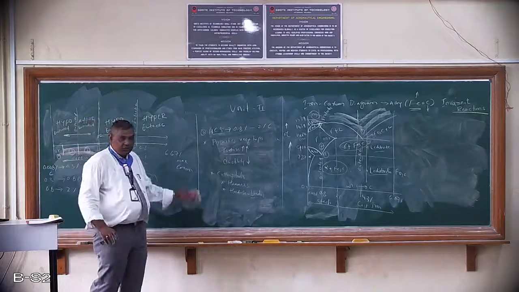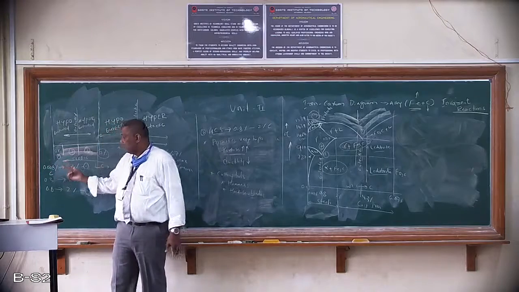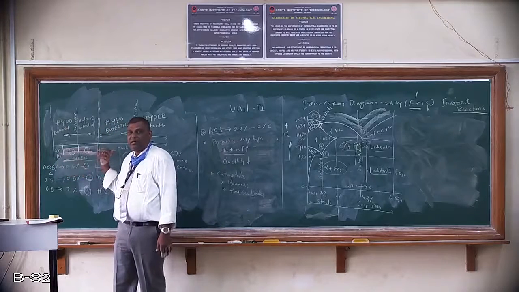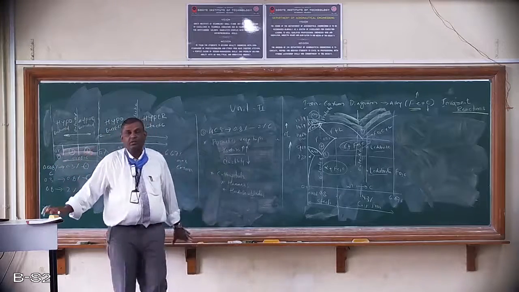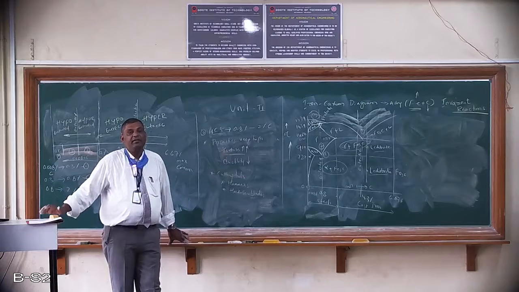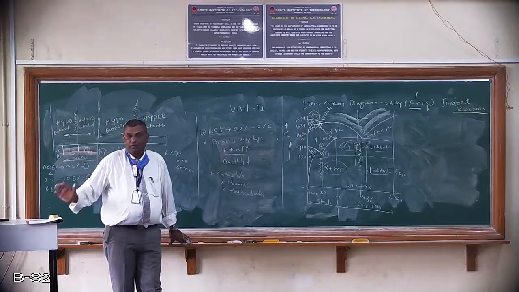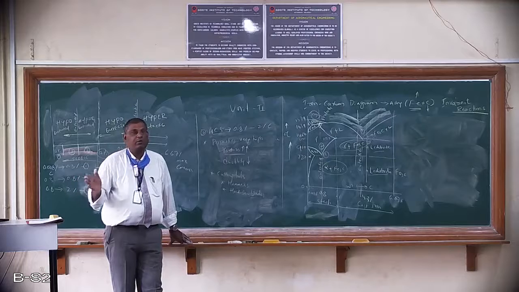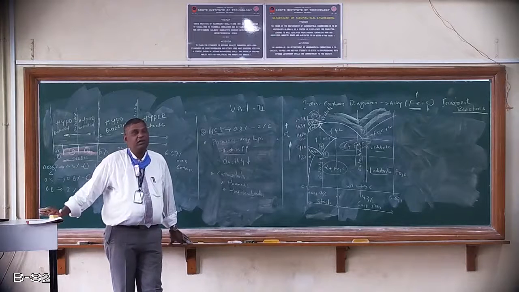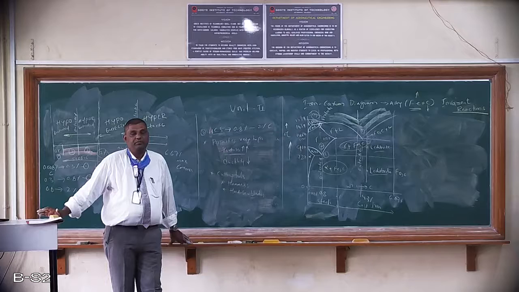Again, ferrous alloys are subclassified as steels and cast iron. Below 2% carbon, it is classified as steel. From 2% carbon to 6.67%, it is called cast iron.